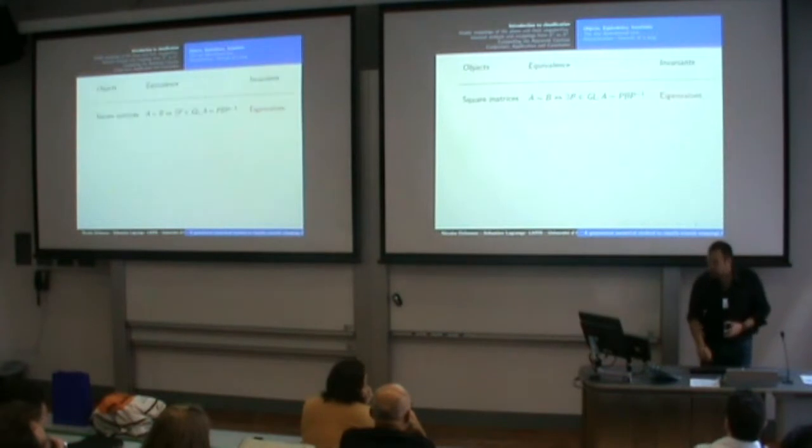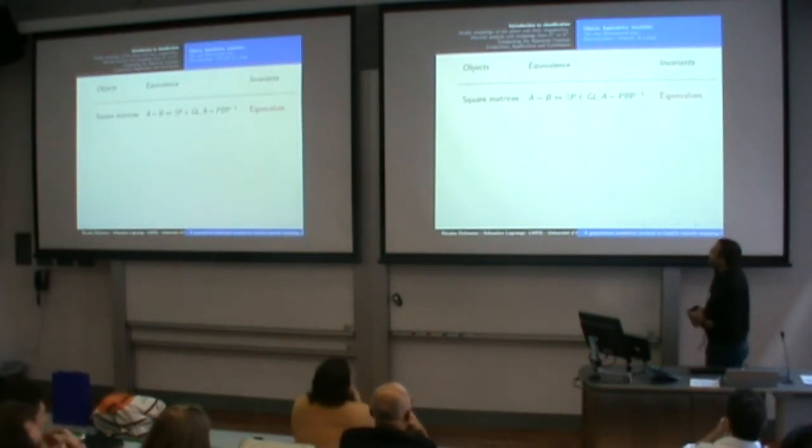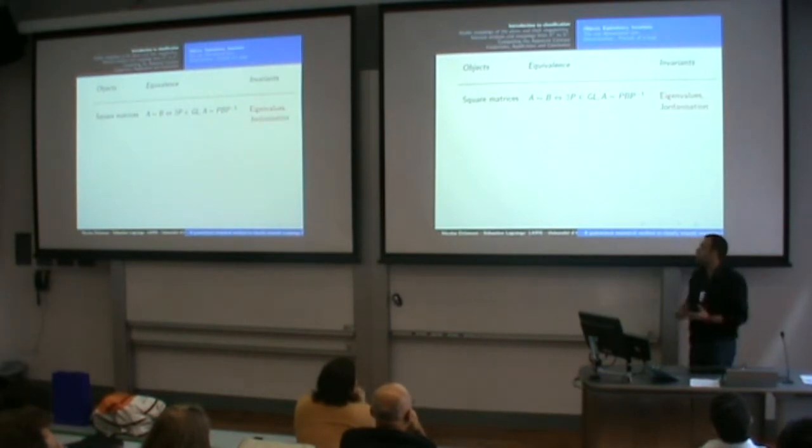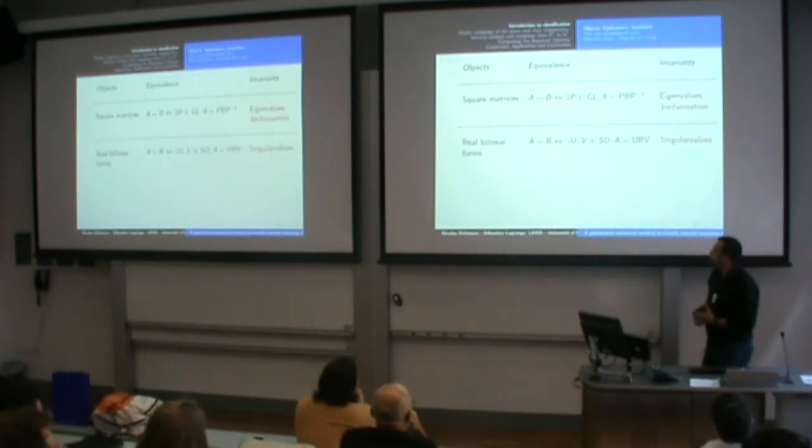So that was the introduction about equivalence. With this slide, I'm going to give you the object in the first column, the equivalence that I consider in the second, and the invariants that we try to compute. This first line is about what I've shown before.